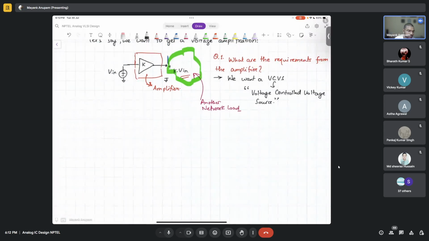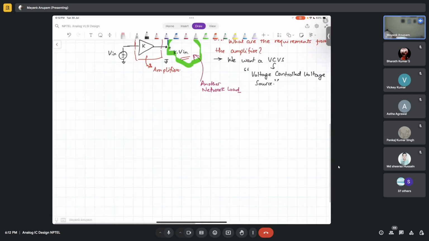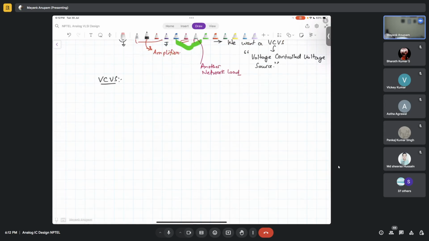I hope you all know this. A voltage controlled voltage source is something of this kind. If I want to make a block diagram of this, it looks something like this.